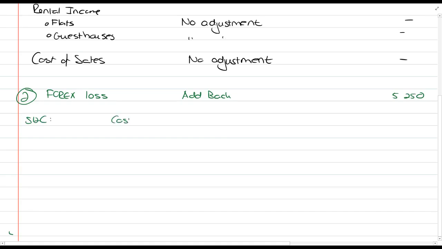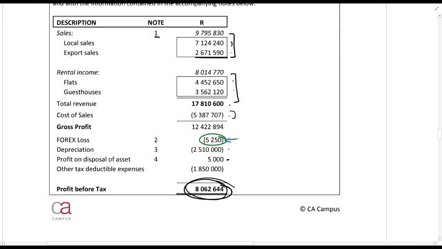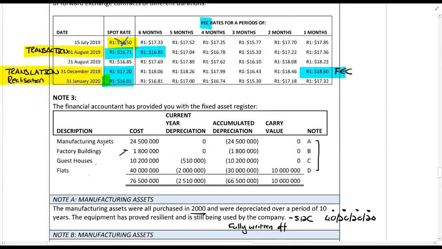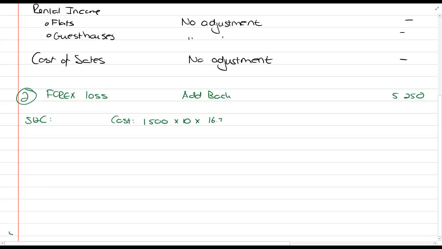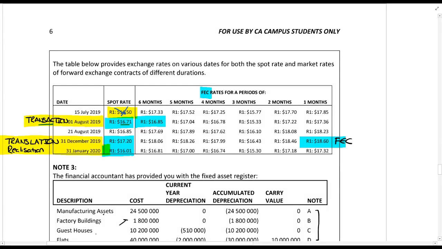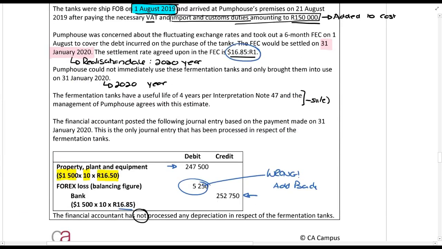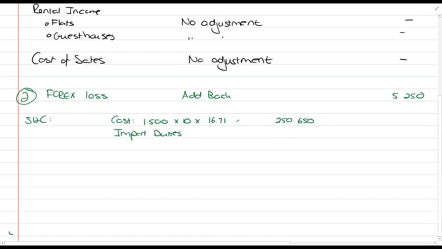This is now the cost of the tanks. The cost of the tanks is $1,500 times 10 times what date, guys? Always the transaction date, so 1671. Then there were import duties of 150,000.